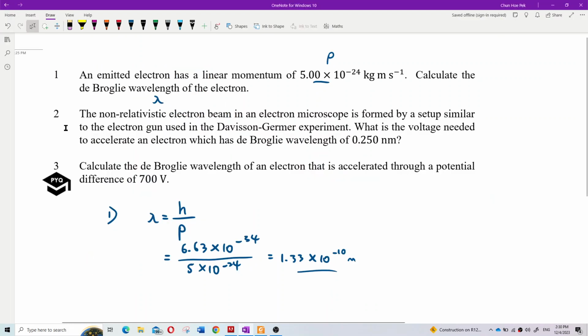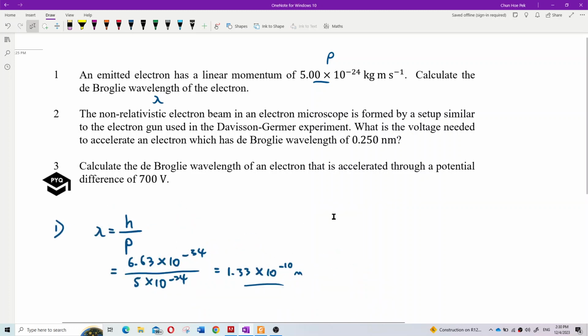Okay, so for question 2, a non-relativistic electron beam in an electron microscope is formed by a setup similar to an electron gun used in the Davisson-Germer experiment.